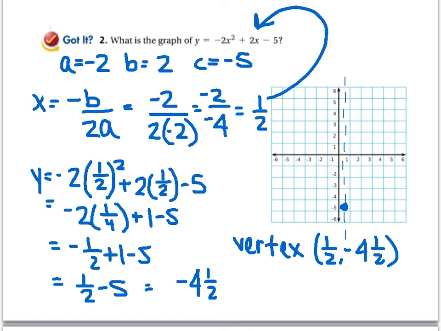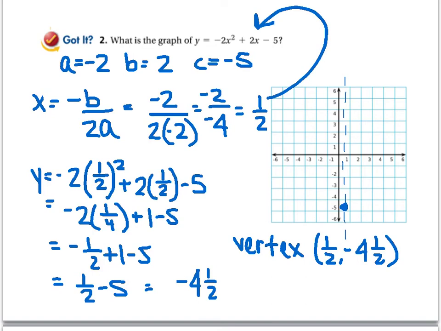That's fine. Okay, where do I put another point? I got my vertex, but now I need to use my c value for something. C is negative 5. Where do I plot a negative 5? If you need to, look on the slide before. It'll tell you what your c value stands for.